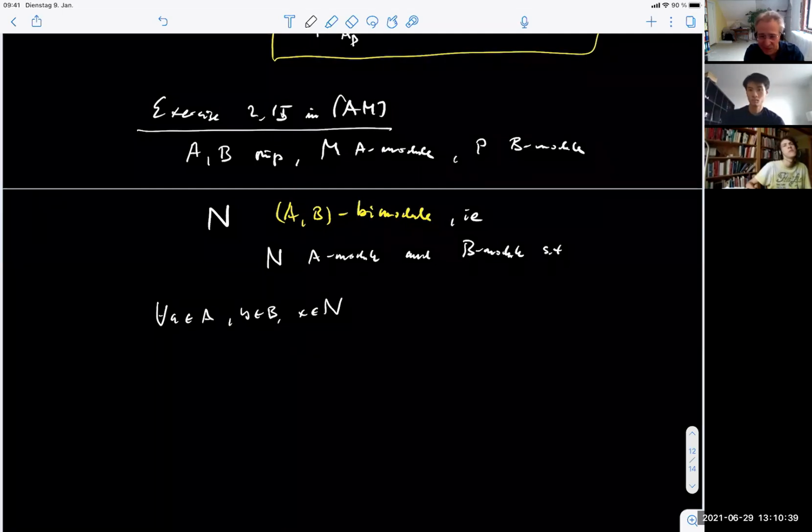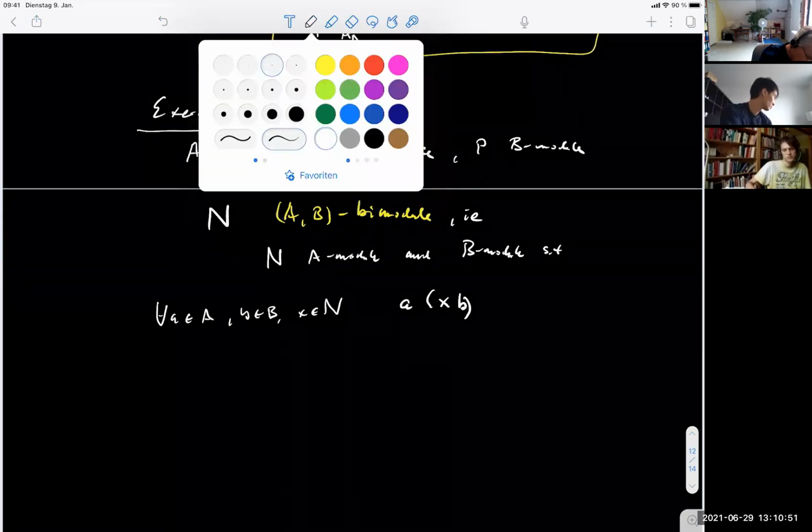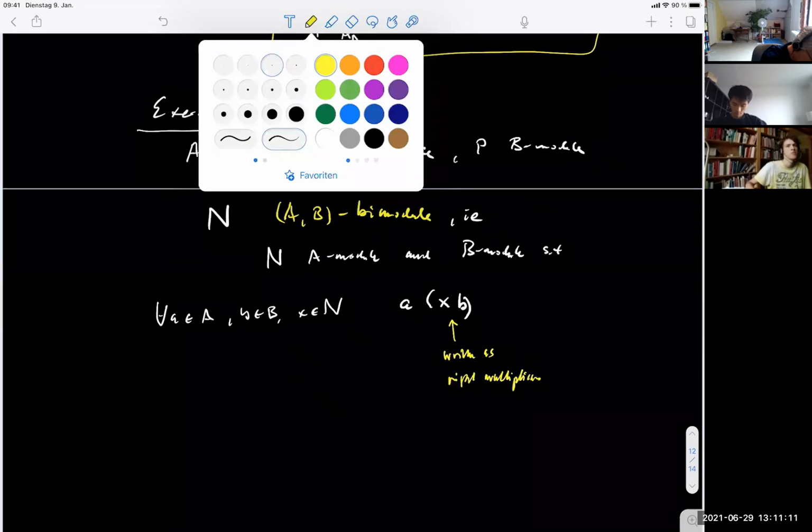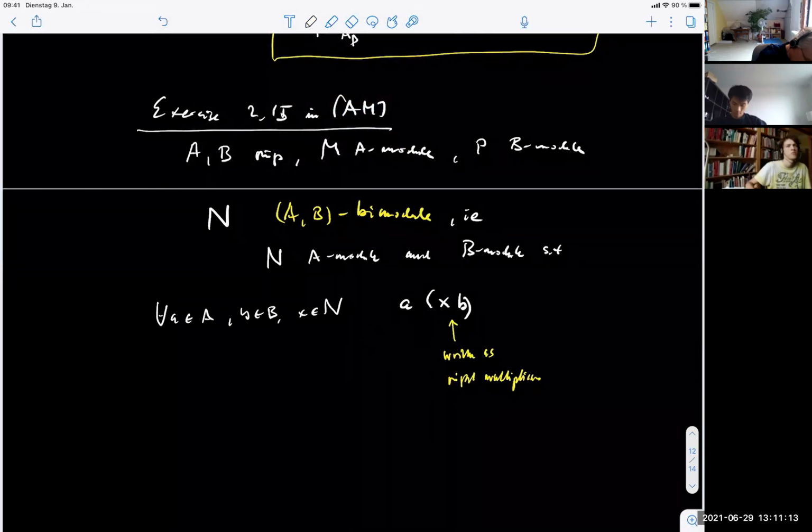It's not important, but it makes the writing nicer. There is nothing deep about that; I could also write everything on the left and assume that it commutes, but this is very common.